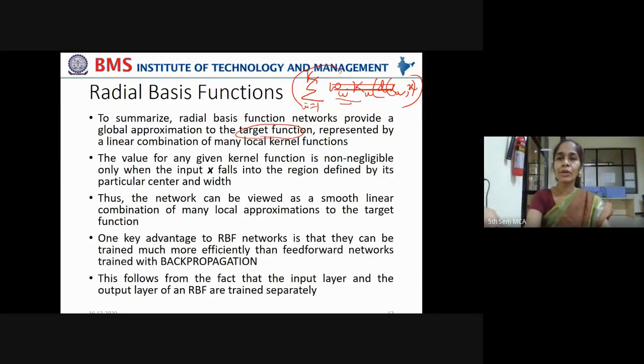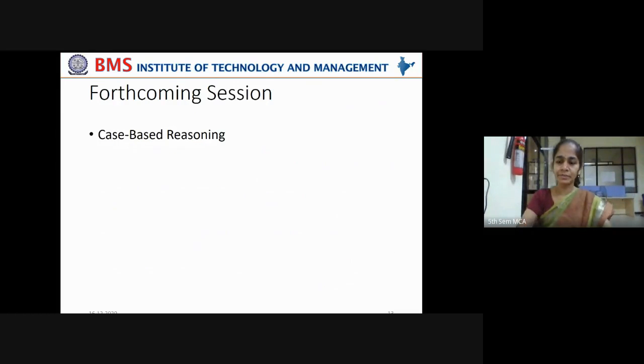This is how you represent the ideal target function in radial basis functions. Okay, you are just taking the product of the weights and its associated kernels and adding all of them, which will give you the linear target function.